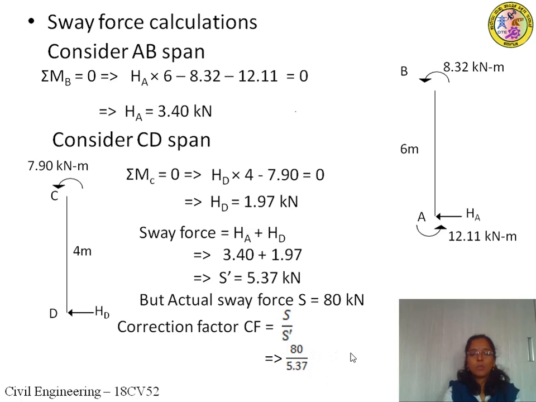Therefore 80 divided by 5.37 is equal to a correction factor of 14.89. We have to apply this correction factor to the sway moments. In the next slide we will calculate the final moments.